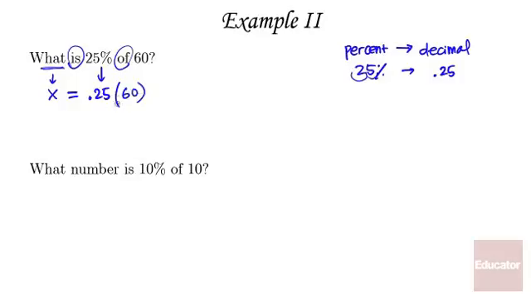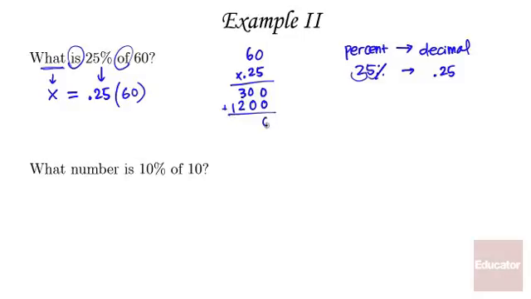So to solve this, I have to multiply 0.25 with 60. So 60 times 0.25. 6 times 5 is 30. Put a 0 here. 2 times 0 is 0, 2 times 6 is 12.